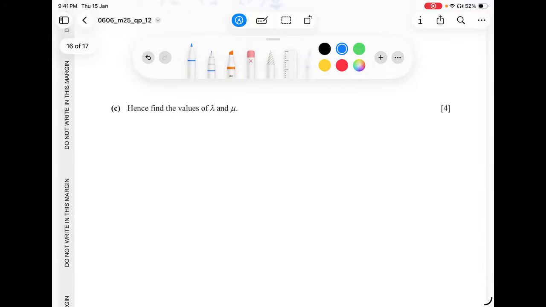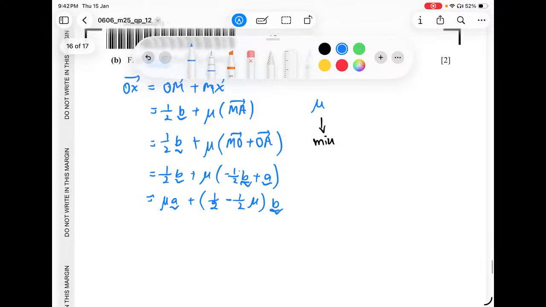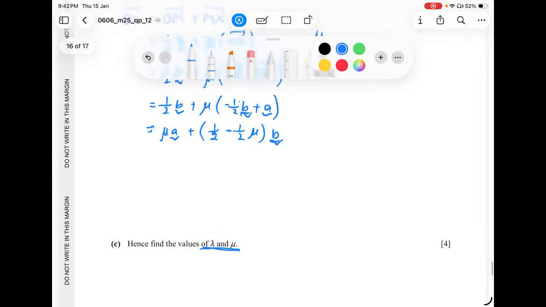So then find the mu and lambda. So there are two constants you need to find. Then you have two equations for OX also.